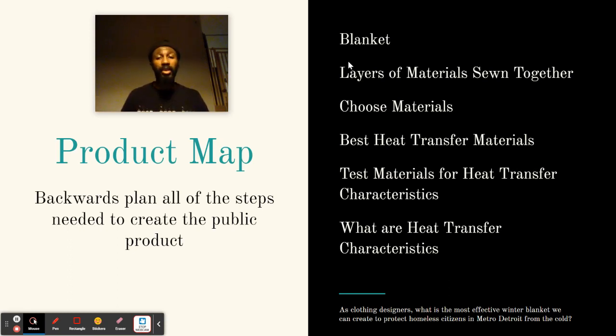They're going to choose the best heat transfer materials, sew those together, and make their blanket. Backwards planning, and we can see all the steps we need to go through to get our final product. Now, this product map is what we use to map on what our content is.